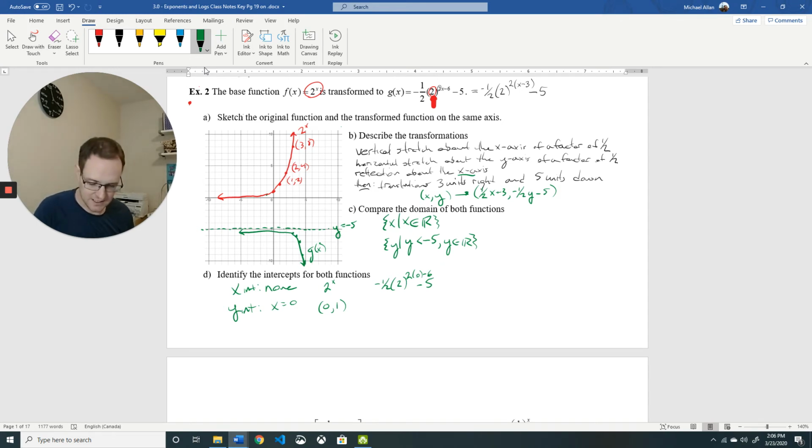So it's not a very nice number. It's close to -5 though. But we get a point that says 0, -5.0078 approximately. So I'm just going to round it to 3 sig digs there. Cool.